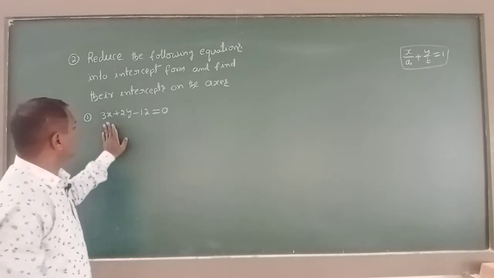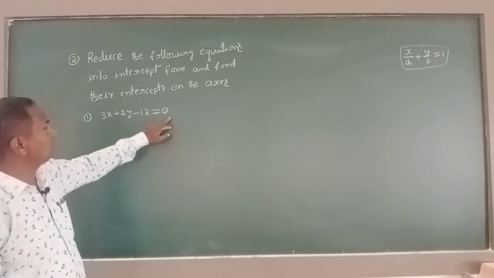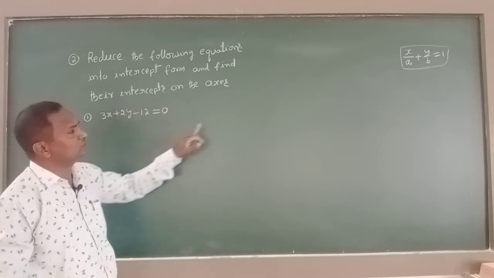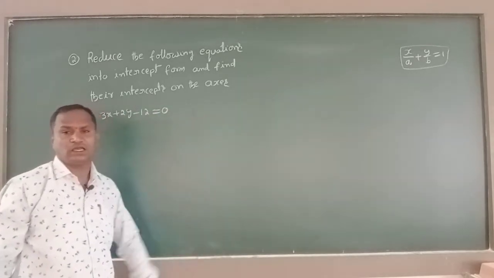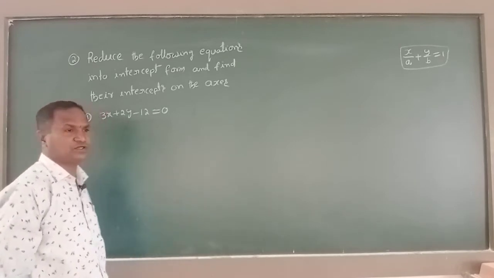See here, 3x plus 2y minus 12 is equal to 0, and we convert this whole equation into that form. How, I will show you now, and at the same time we give the solution for this question.